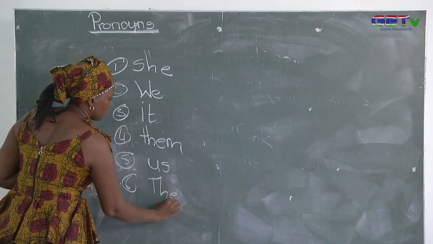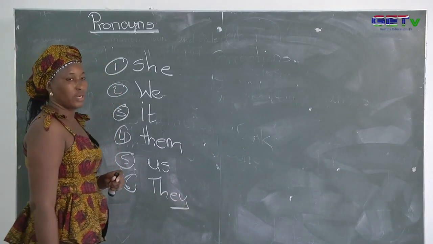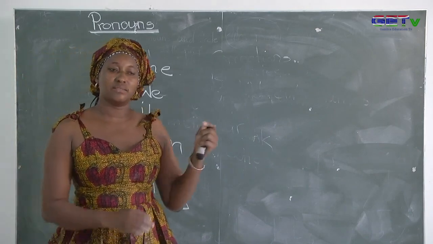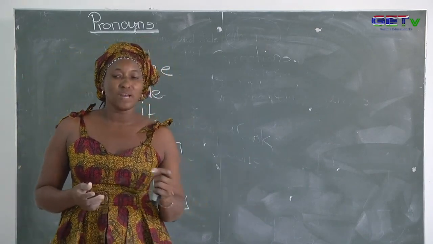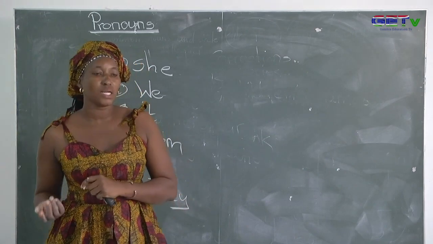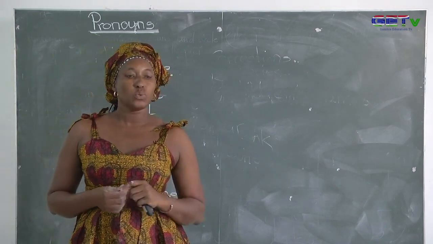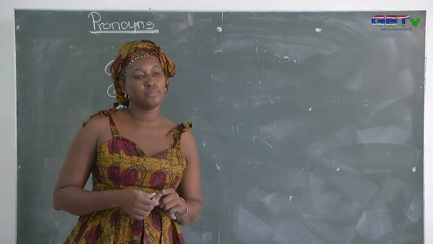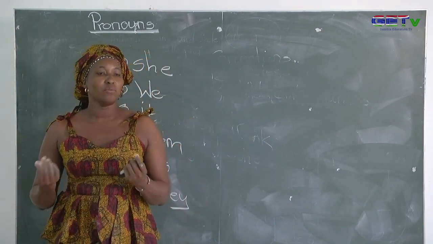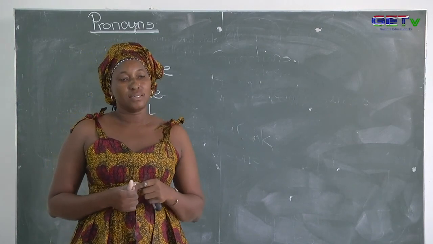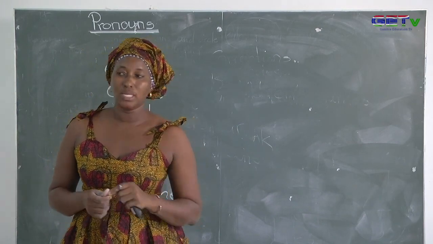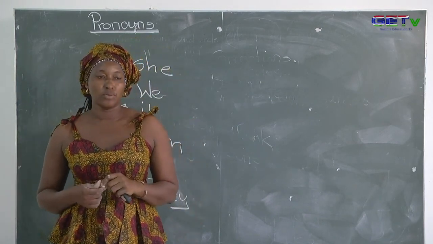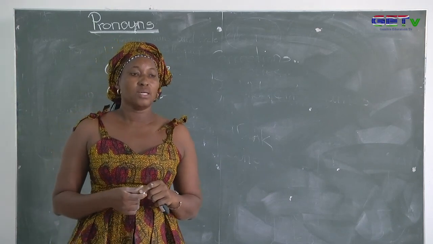They. They there is taking the place of nouns. It could be Omar and Fatu, Buba and Ami. So we say they are brother and sister to avoid using names or repetitions of nouns.